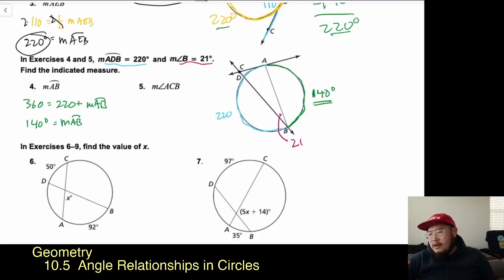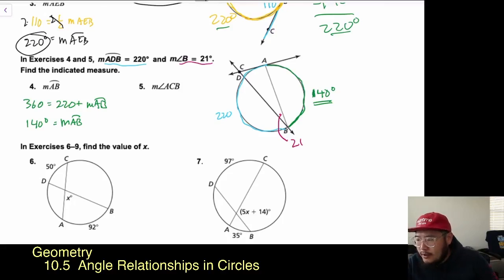So now we're trying to find the measure of angle ACB. There are some things you've got to remember from before. What I see is we have angle B, which is 21.